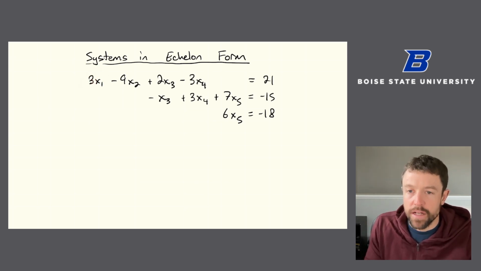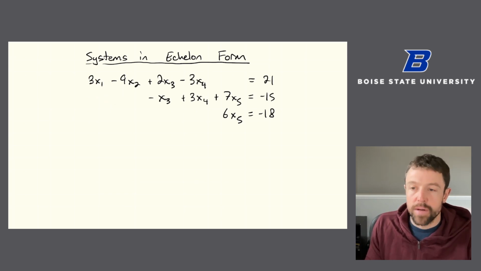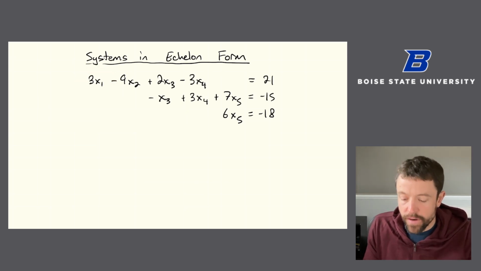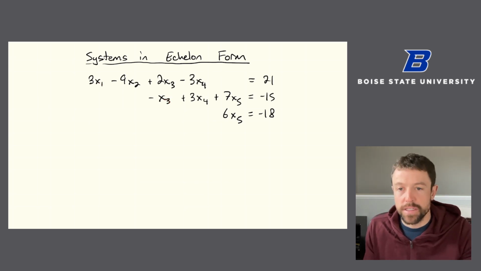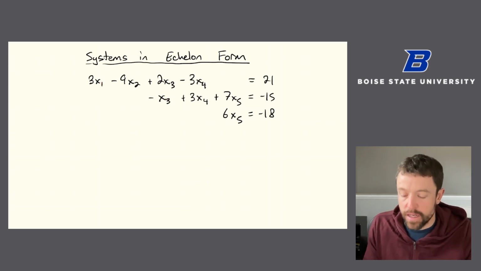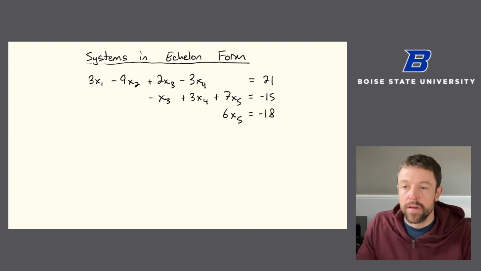Then as you move down to equation 2, the x1 term has a zero coefficient. So as you move down, the index of the variable with the first non-zero coefficient always increases, right? So we go from x1 being the first variable with a non-zero coefficient to x3 to x5.